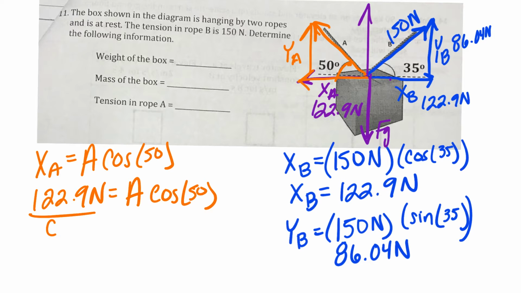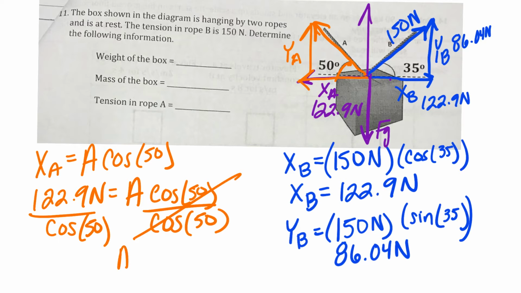So then we can divide by cosine 50 to solve for just A. And then in the calculator, that is going to equal 191.2 newtons for A. So 191.2 newtons. And that is our tension in rope A.